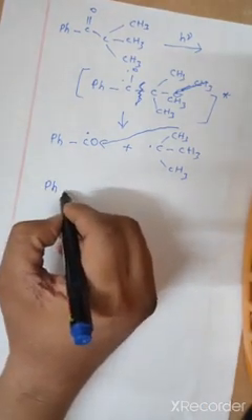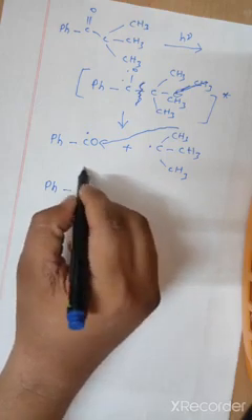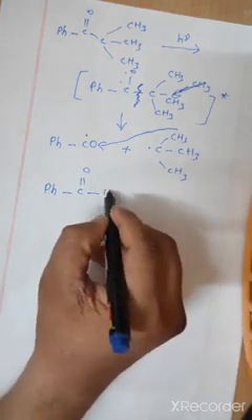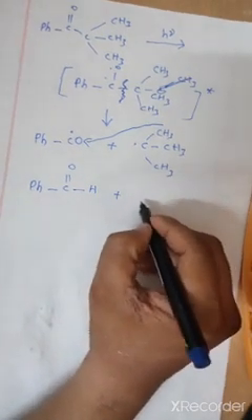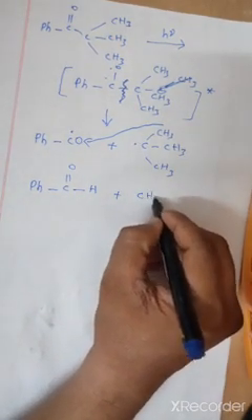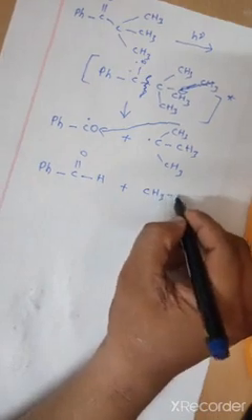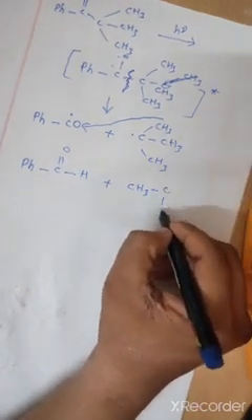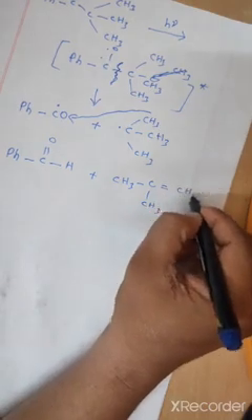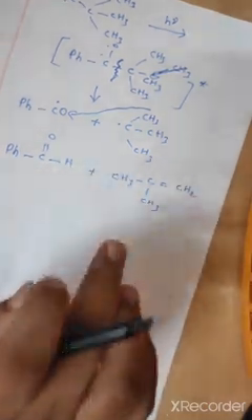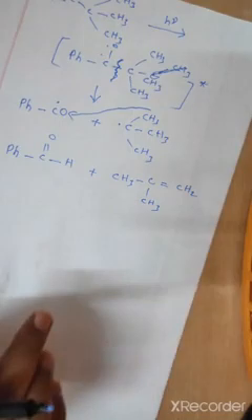One product will be C double bond O, and the other product will be CH3 double bond. These two products will be the major products in this example.